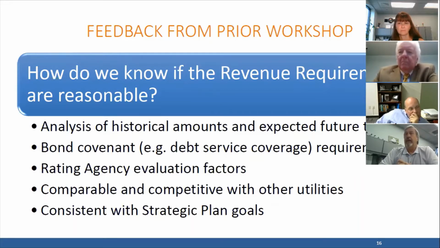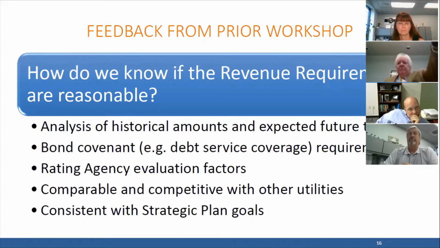We look at the rating agencies' evaluation factors. They have different metrics for financial strength. And the more financial strength we can demonstrate, the better the bond rating we get, and the better the bond rating, the lower the cost of debt. And debt is a huge cost for the utility. But we also want to be comparable and competitive with other utilities. And obviously these are competing goals.